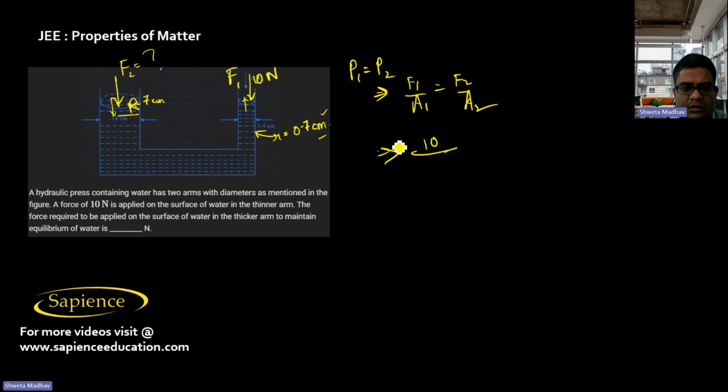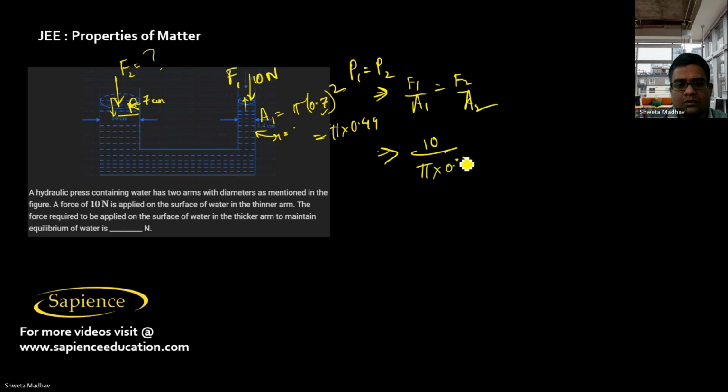That is 10 Newton, and area for the first arm, A1, that is pi r square actually, pi r square, pi into 0.9 pi into, that is equal to F2, which we have to find out, F2 by A2.